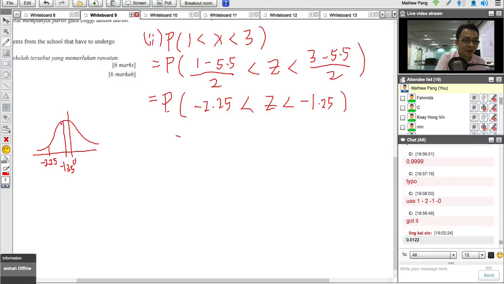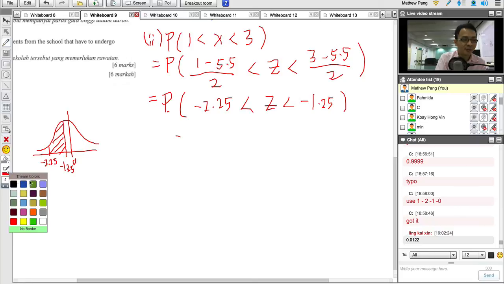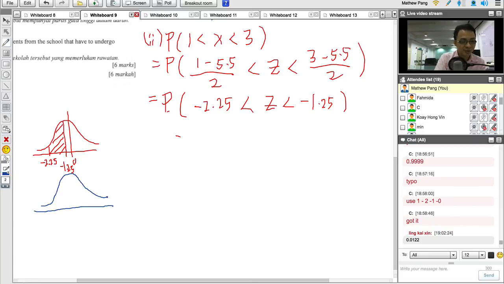That means I want to find the area in the middle. In order to find the shaded area, I use the bigger shaded area minus the smaller shaded area. So I sketch the same thing, just imagine it's the same, and I use the whole thing here.